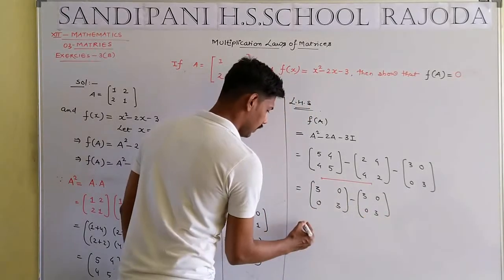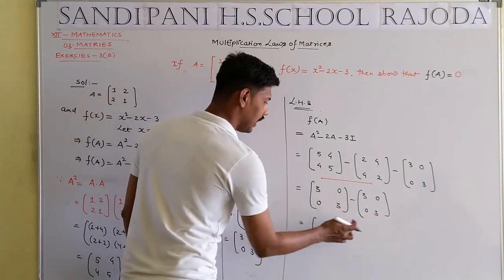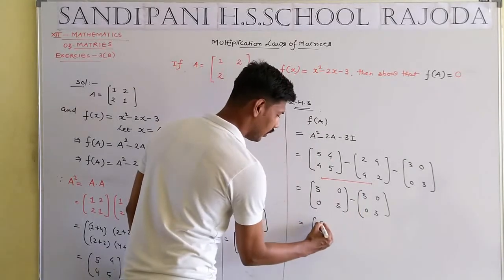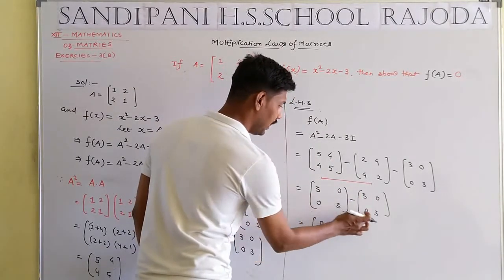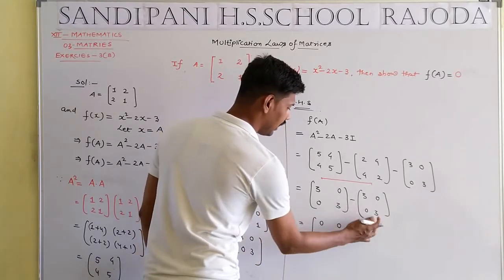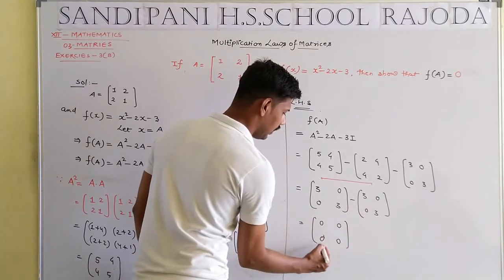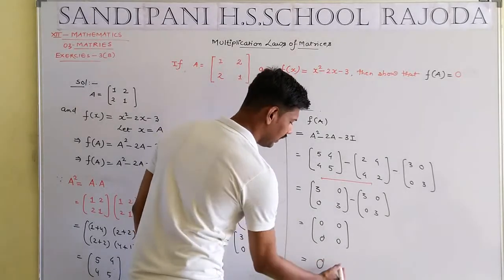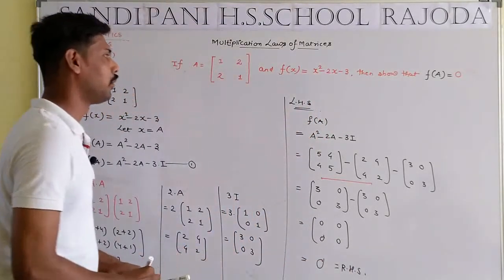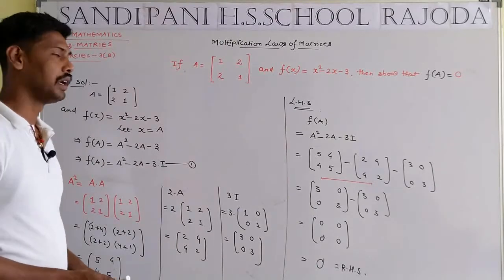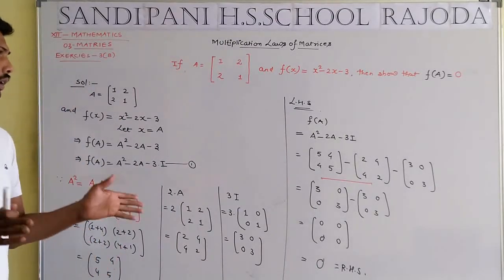Now the operation between the first result and the last: 3 minus 3 equals 0, 0 minus 0 equals 0, 0 minus 0 equals 0, 3 minus 3 equals 0. This is known as the zero matrix, which is equal to the RHS. Student, I hope you got the proper solution of the given question. Take the screenshot of it. Thank you.